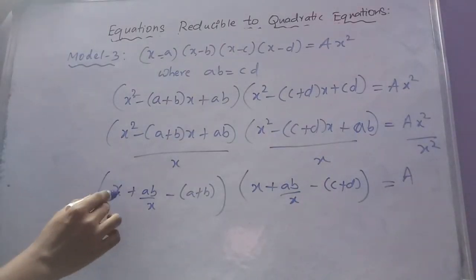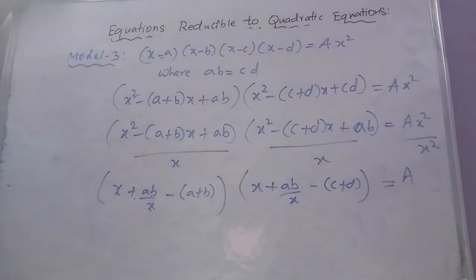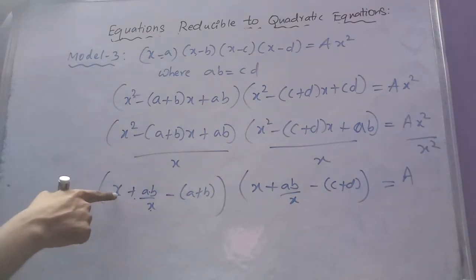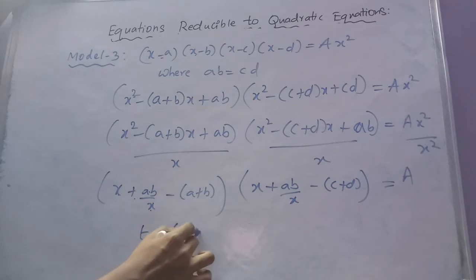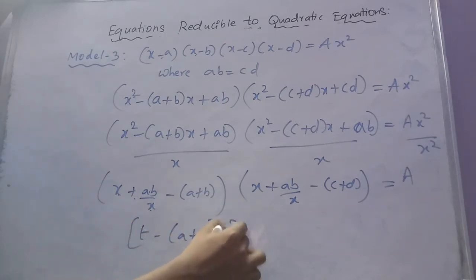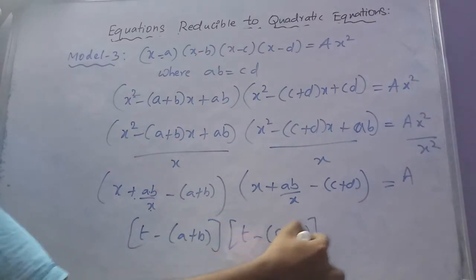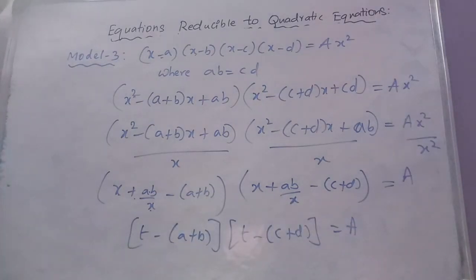Next I will take x plus ab by x as t and then I will proceed. So if I take x plus ab by x as t, then you will get t minus of a plus b into t minus of c plus d equal to A. So this is a quadratic equation in terms of t, and we can continue solving it.